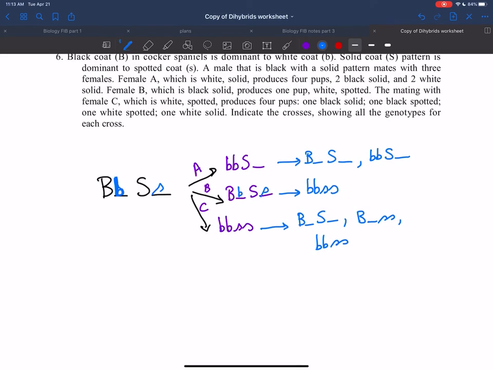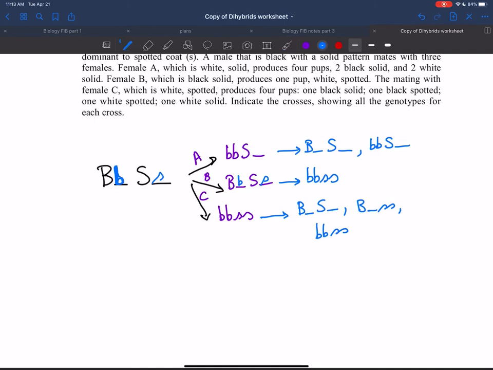The only thing I have left is this mom. Given that both the pups are solid, I'm going to assume that she is homozygous for that. And then that gives me all of the genotypes for all of the kids.